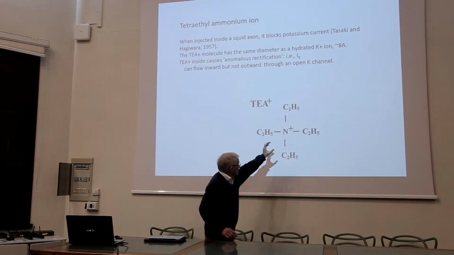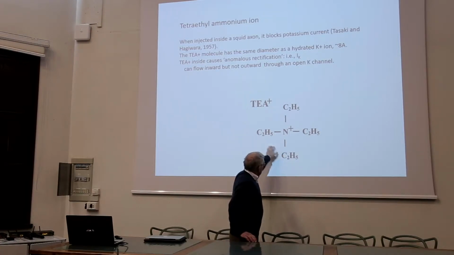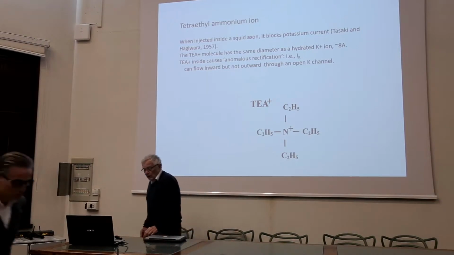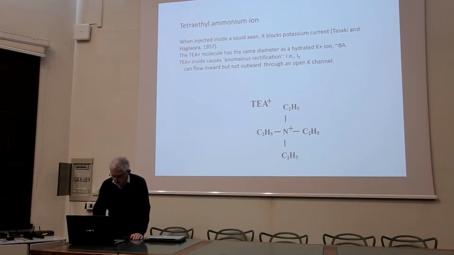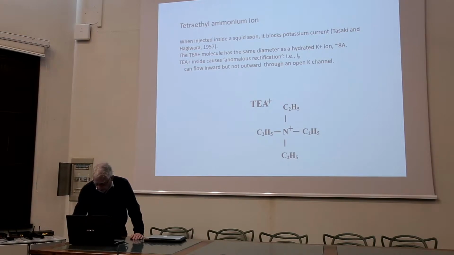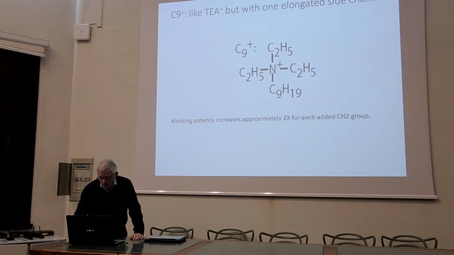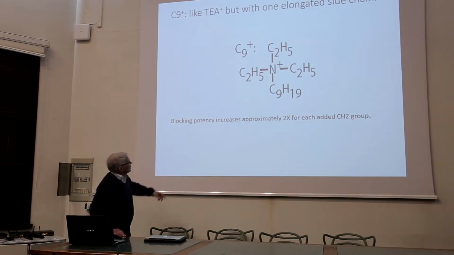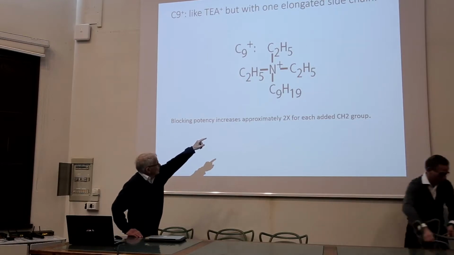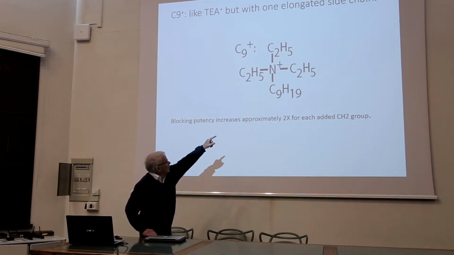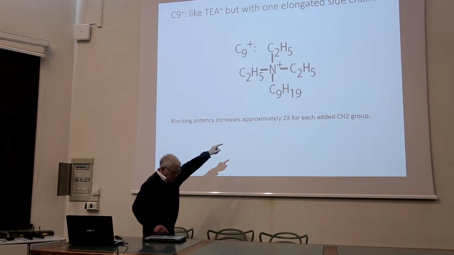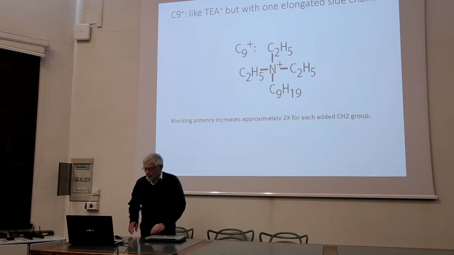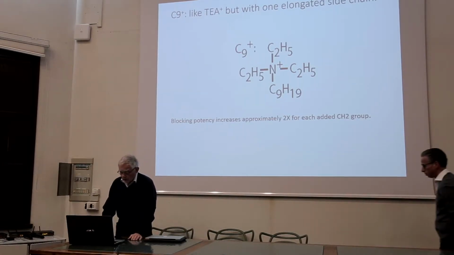So if you have a potassium ion surrounded with 4 water molecules or 6 water molecules, it looks very much like a TEA. Now, a variation of this was to increase the length of one of the arms, make it a nonyl group rather than an ethyl group, and that had a really quite nice and spectacular effect.